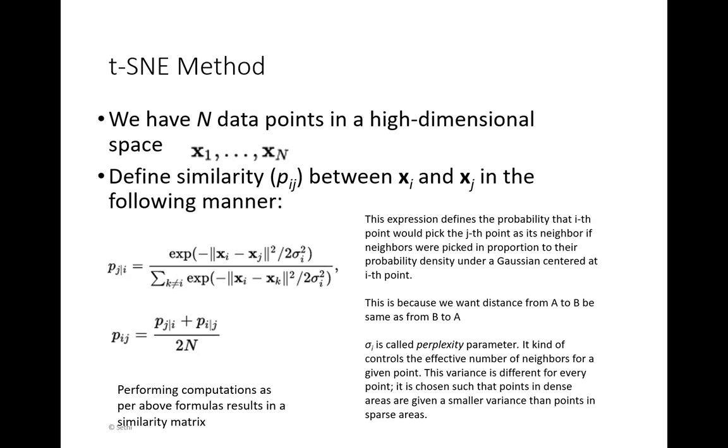And you can see that there is a parameter here, sigma i, which is related to what is known as the perplexity parameter, and it can be used to adjust how large the neighborhood to be considered is. So let's use these formulas to measure the similarity between 2 points in a high dimensional space.